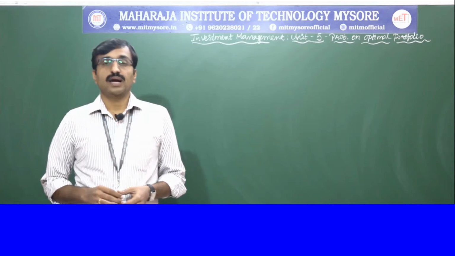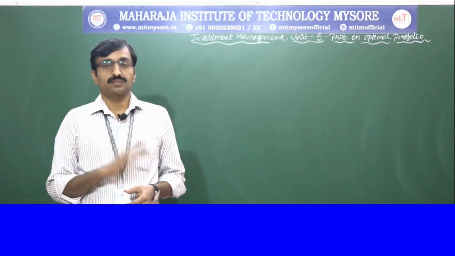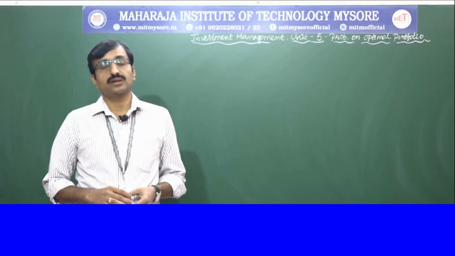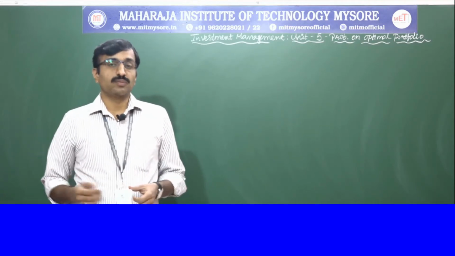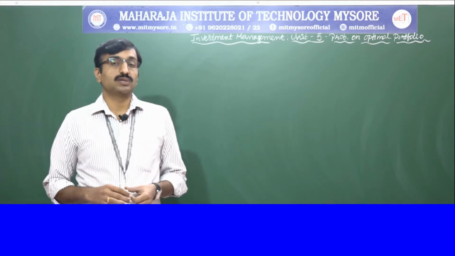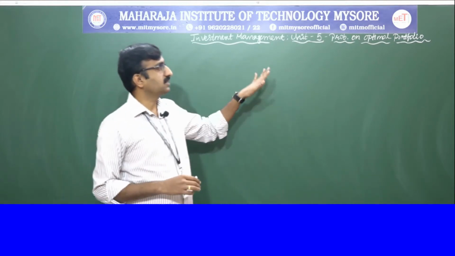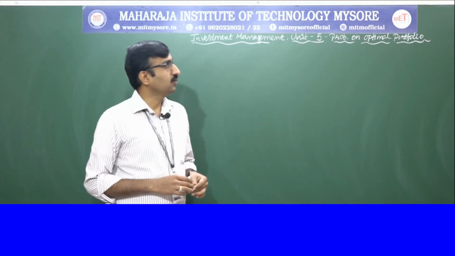Usually it will be asked for 20 marks as a case study problem. Like in the previous question papers, if you have seen, you can see case study problems from optimal portfolio construction. So, today we are going to understand the problems on optimal portfolio construction.